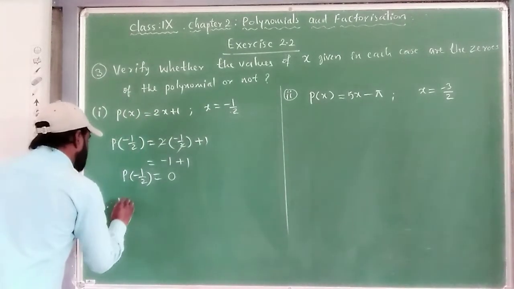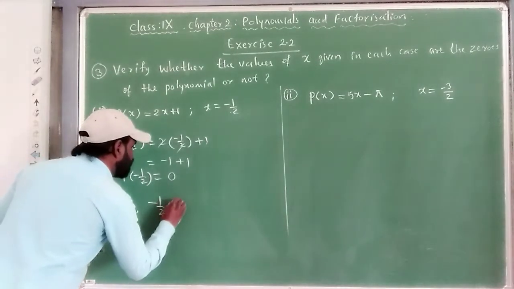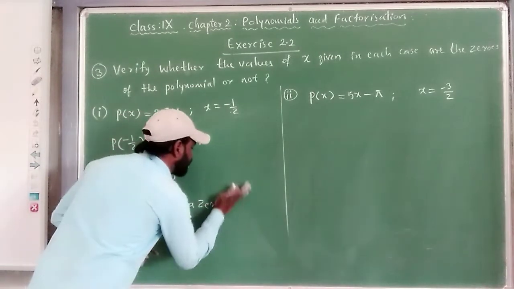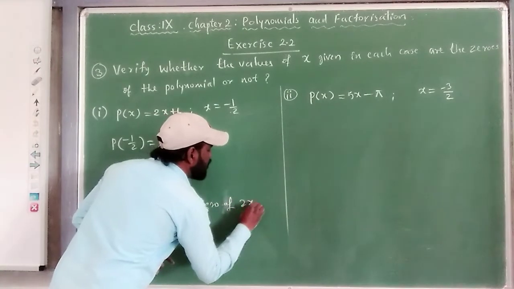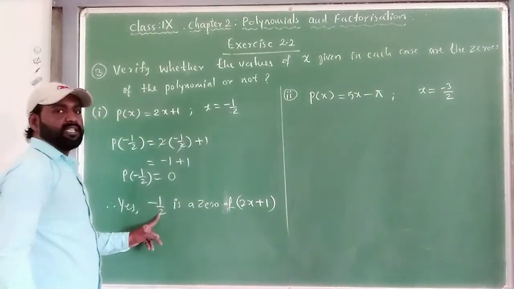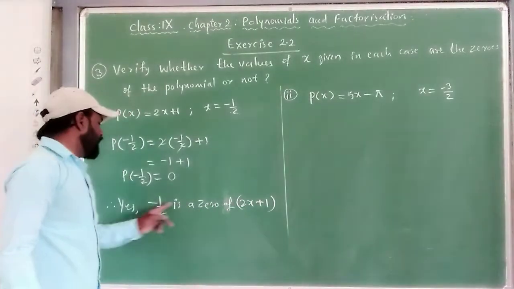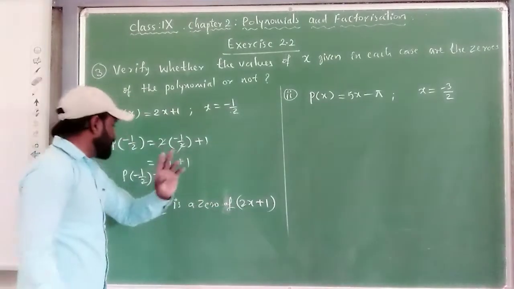Therefore, yes, minus 1 by 2 is a zero of 2x plus 1. For this polynomial, this is a zero. That means if you substitute minus 1 by 2 in place of x, this total polynomial becomes 0.